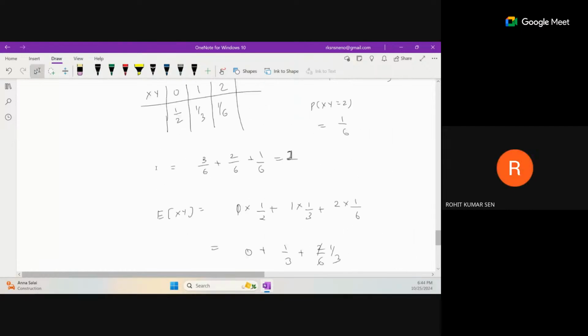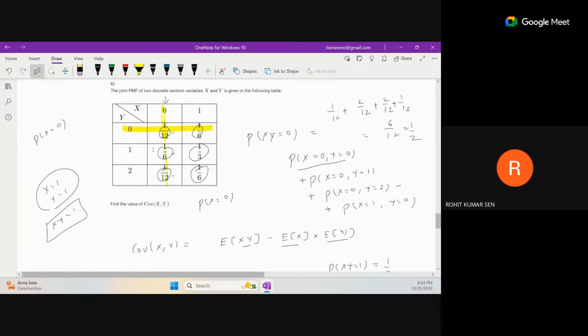How have we got it? See here. If you need to find the marginal probability of y equal to 0, these are my y values. Go in this direction and add this and add this.